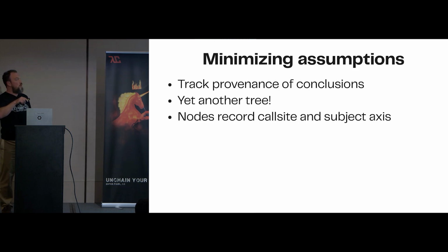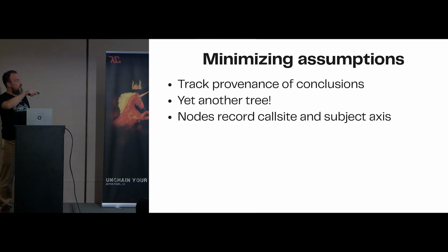So at the nodes of the tree, we're going to record the call site and where in the input. So when we say axis, we're just talking about one of these bit streams that defines a place in the tree. We're going to record where it came from. And we're just going to track this all the way through. We're going to filter this for scope because once we're outside the scope of an analysis, we don't care anymore if it flowed through from somewhere else.